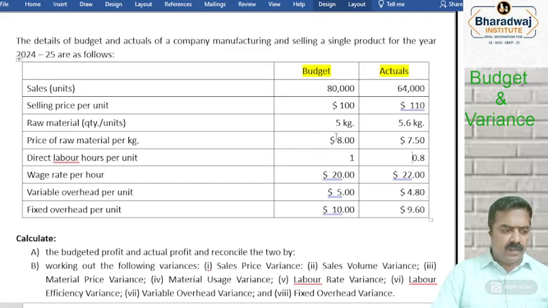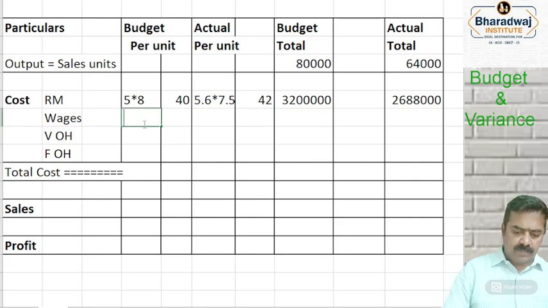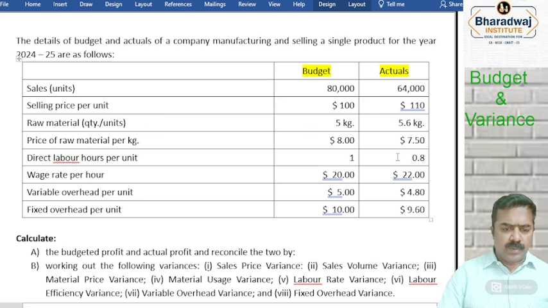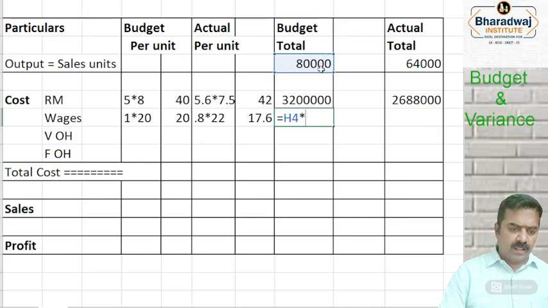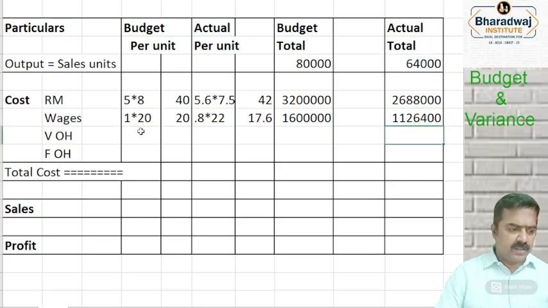Wages, we are given 1 hour into 20. Actuals are 0.8 hours into 22. So the budget total is 80,000 into 20, and the actual total is 64,000 into 17.6.